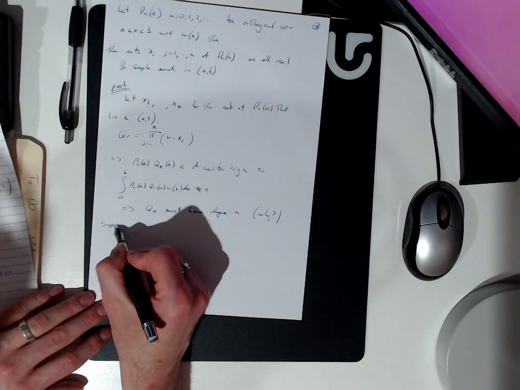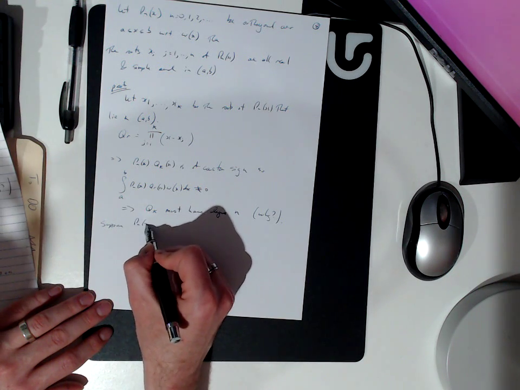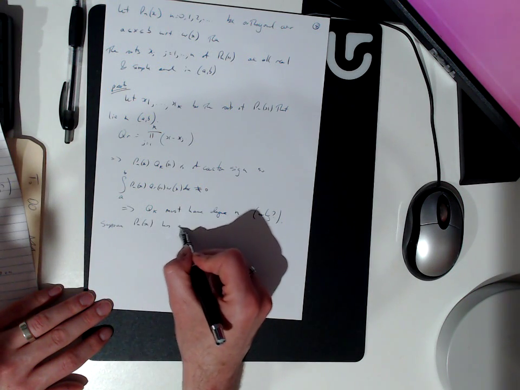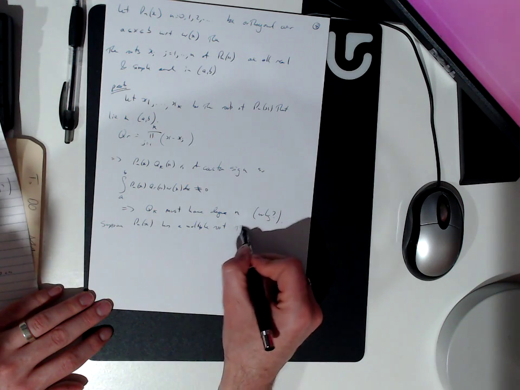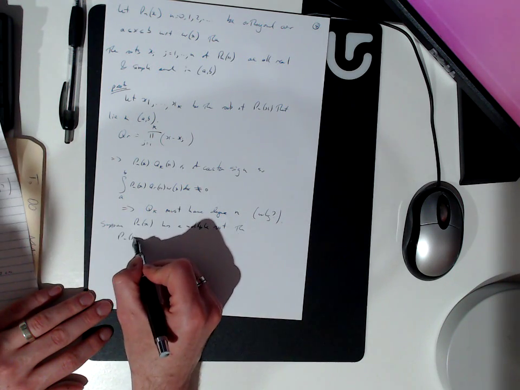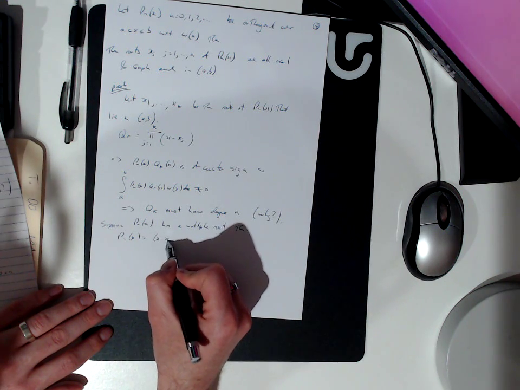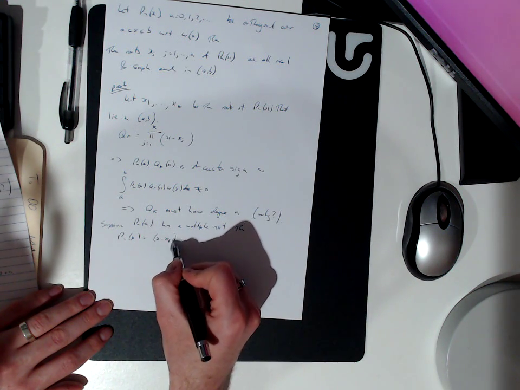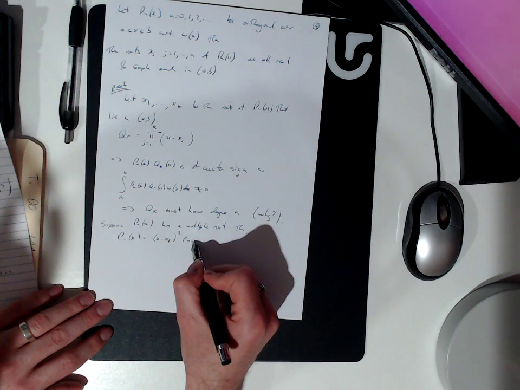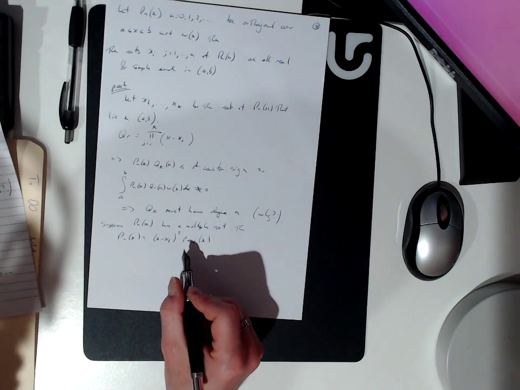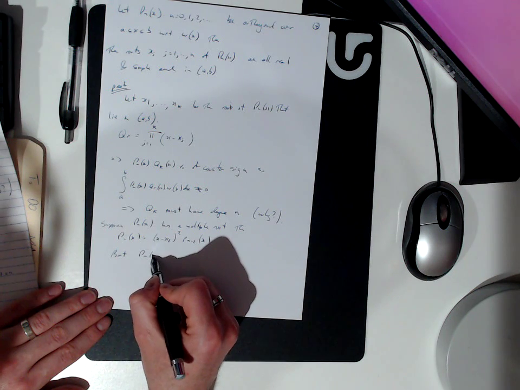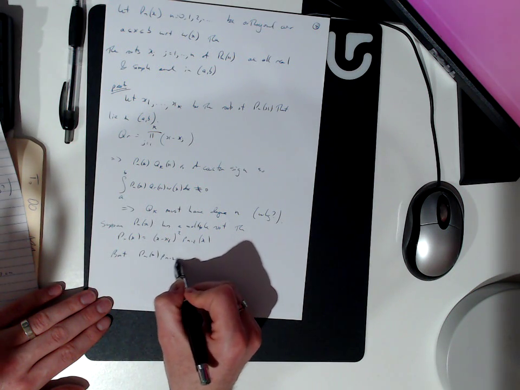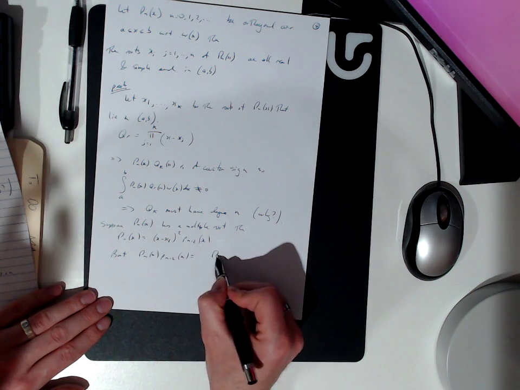Now suppose that Pn(x) has a multiple root. So then we know that Pn(x) is going to be equal, for some root, to the following. This is really just manipulations.